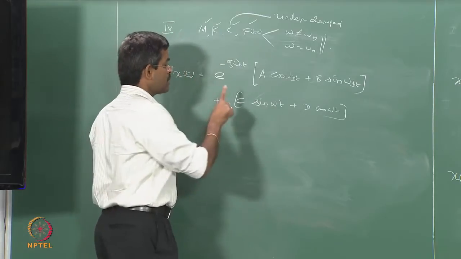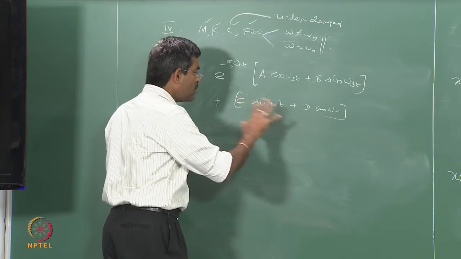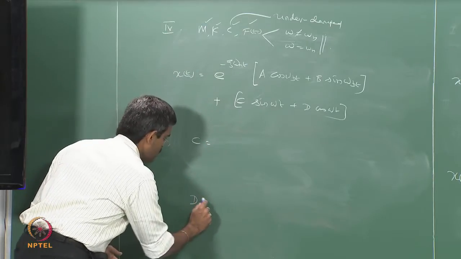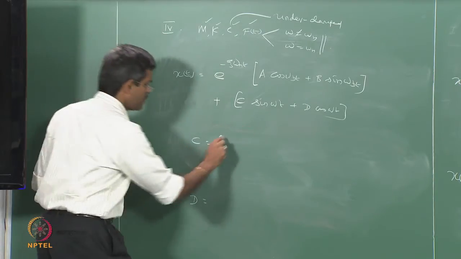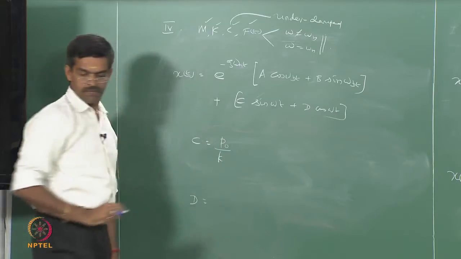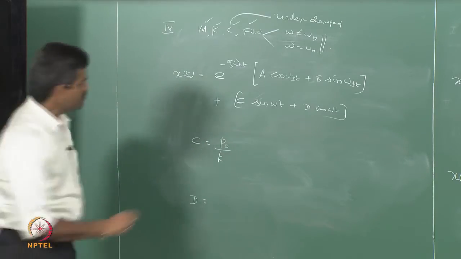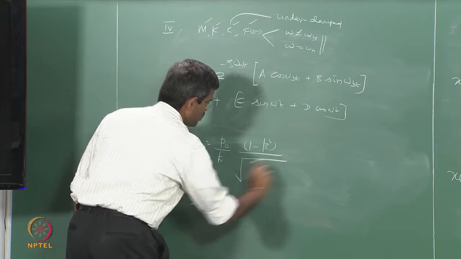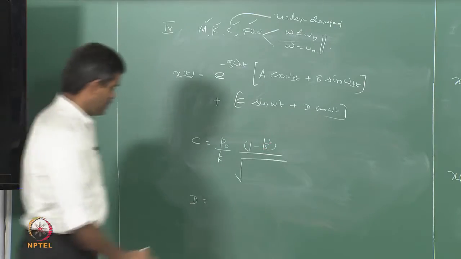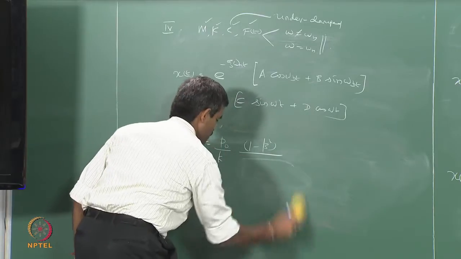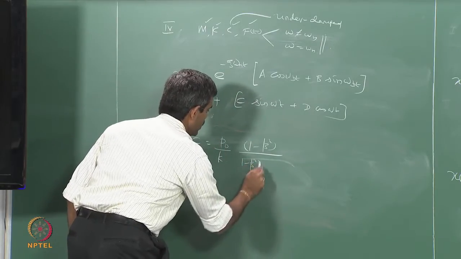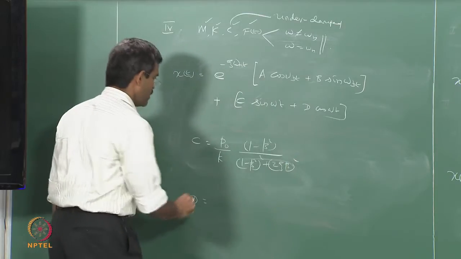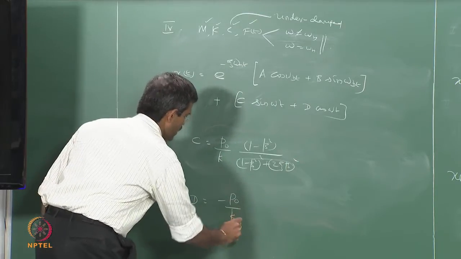Please understand, the constants c and d are not dependent on initial conditions; they are simply written as c and d for our understanding, as it is a long equation. So, c is nothing but p0 by k times (1 minus beta square) by (1 minus beta square whole square plus (2 zeta beta) whole square), whereas d is minus p naught by k.